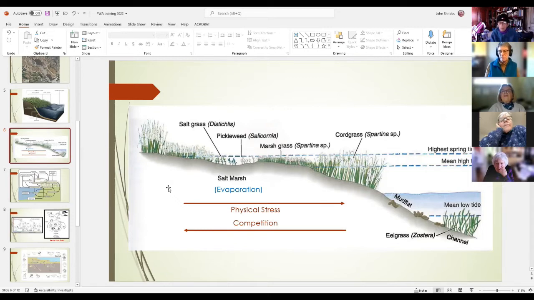That's now considered a habitat because enough pickleweed is growing there for the salt marsh harvest mouse, which is an endangered species. We have a different subspecies up here compared to what's in the lower marsh areas or down in the lower bay areas. So we still have to protect these species up here.